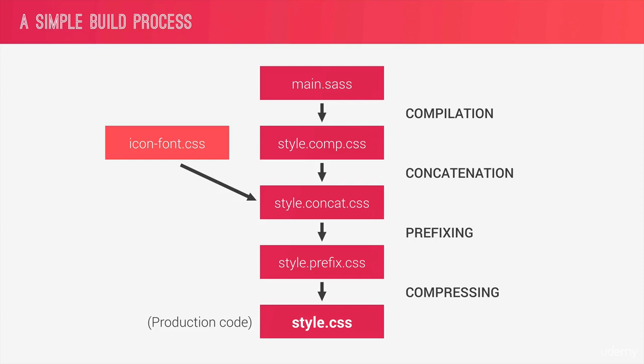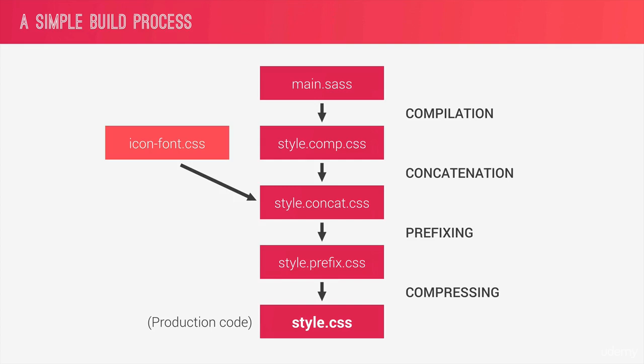So what you see here is the very simple build process that we're going to implement in a second. We just start with our main SASS file and then of course compile it to a CSS file, as we've been doing all this time. Then we want to merge the content of the CSS file with the CSS in the icon font file, so that we can go from including 2 CSS files in our page to only 1, which is a lot better.